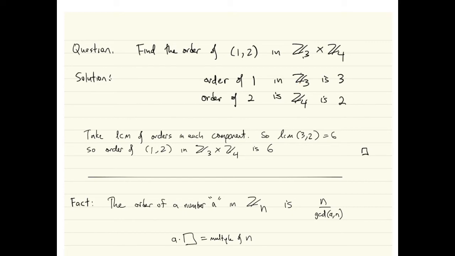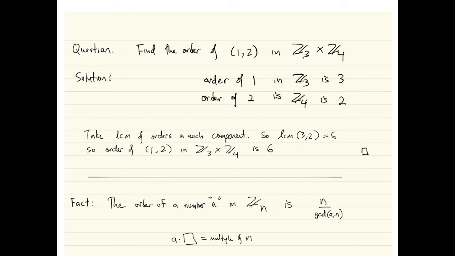And then the order of 2 in Z4 is 2, because that's the number of times we have to add 2 to itself to get 0 in mod 4 land. And so we found the order of each of these elements separately. And then to find the order of this combined element, (1, 2), this ordered pair, the trick is to take the least common multiple of the orders of the individual elements in the individual factors of the direct product group.